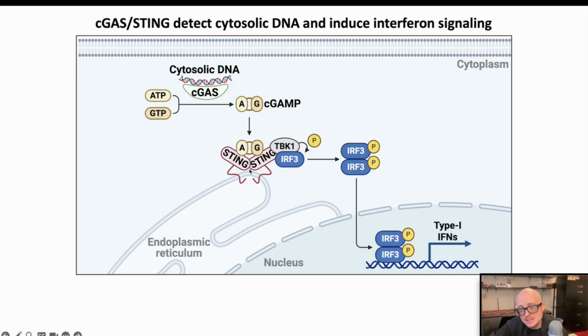And when STING is activated by cGAMP, it undergoes a conformational change, which allows it to activate TBK1 once again, which leads to IRF3 phosphorylation, and then therefore leads to the induction of a type 1 interferon transcriptional program, similarly to our other pattern recognition receptors.